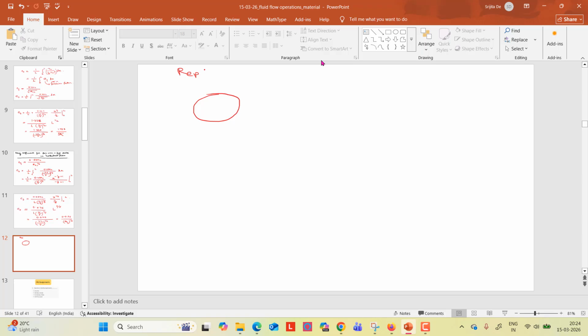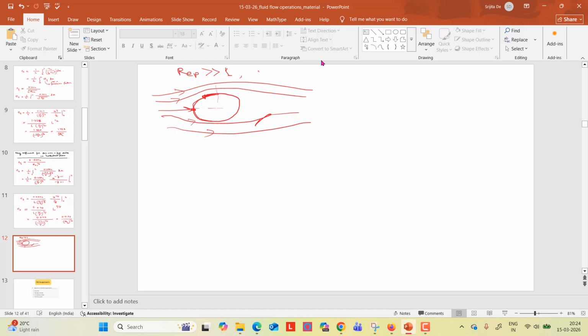Not much high, just greater than 1. So what will happen? The flow is going this way, and this point is the stagnation point, right? Suppose this is the half, and the flow separation has started from this portion, right?